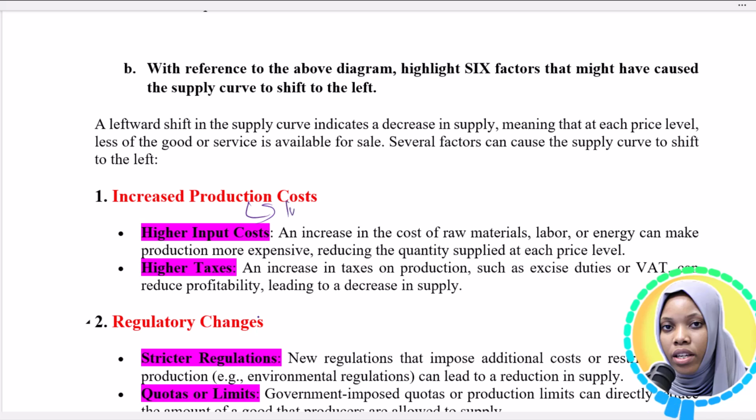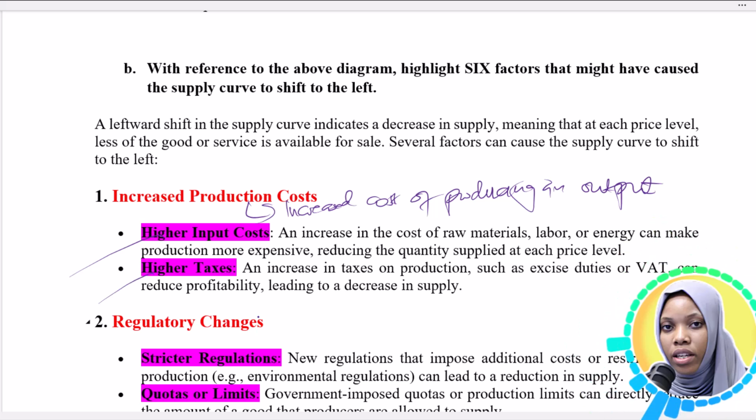This is the increased cost of producing an output. How can that be? Because of higher input costs or higher taxes.